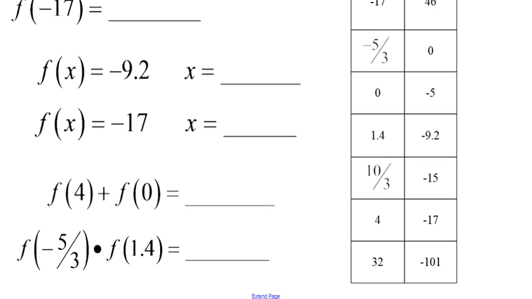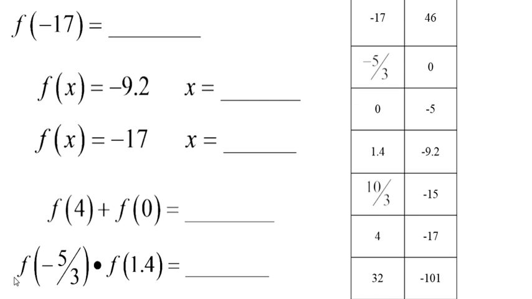All right, we've got a couple more here. f of 4 plus f of 0. Do you know what it should equal? Well, we have two evaluations to do. First, we have to evaluate f of 4. So if I have an input of 4, what output goes with it? Negative 17.